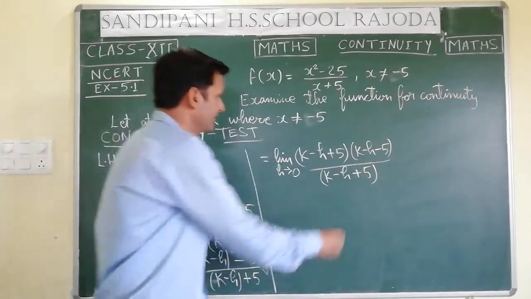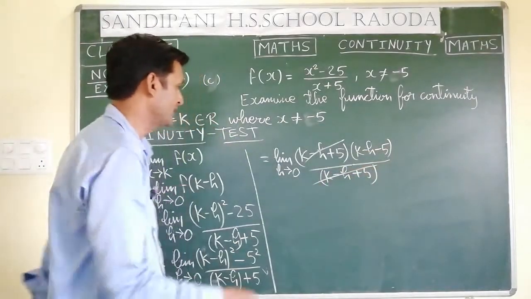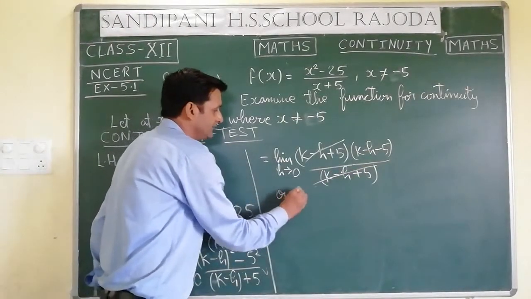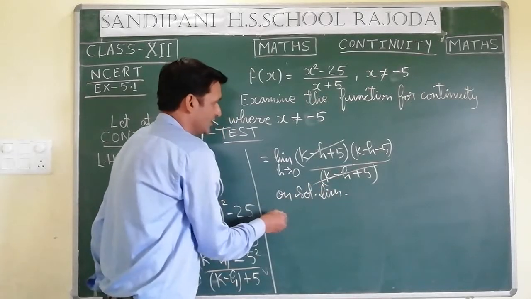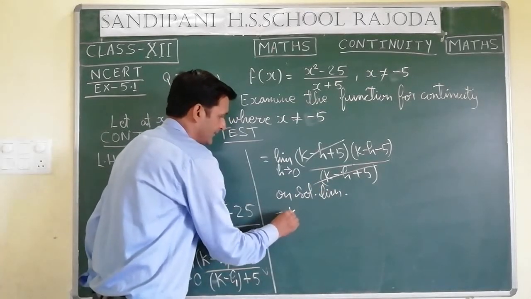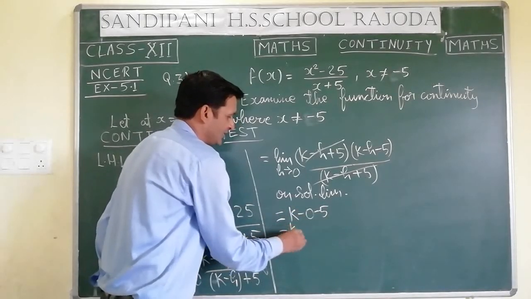So this part is cancelled out. The remaining part is k minus h minus 5. On solving the limit, this will become k minus 0 minus 5, that is equal to k minus 5 only.